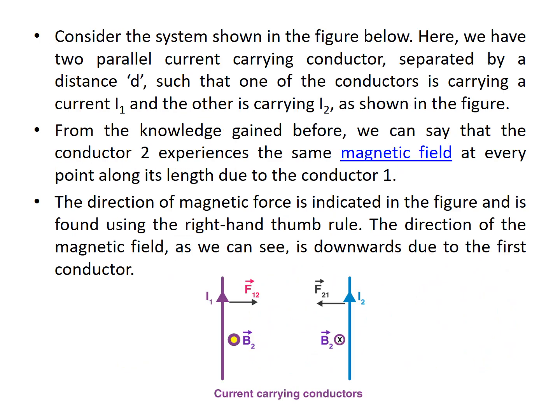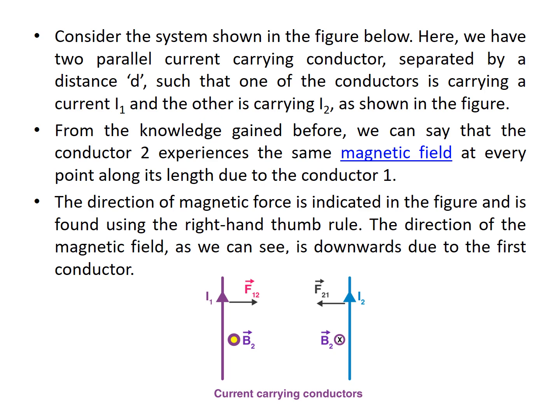So let us consider the system shown in the figure below. Here we have two parallel current carrying conductors separated by a distance d, such that one conductor is carrying a current I1 and the other is carrying I2, as shown in the figure.